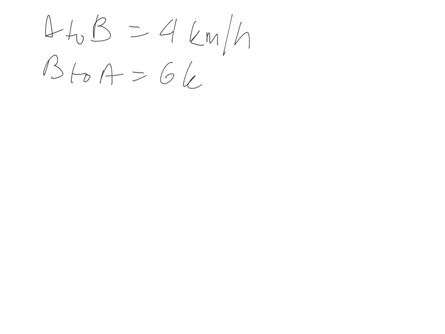We were told that they go from A to B at 4 kilometres per hour, and then B to A at 6 kilometres per hour. The total journey takes them T equals 45 minutes.